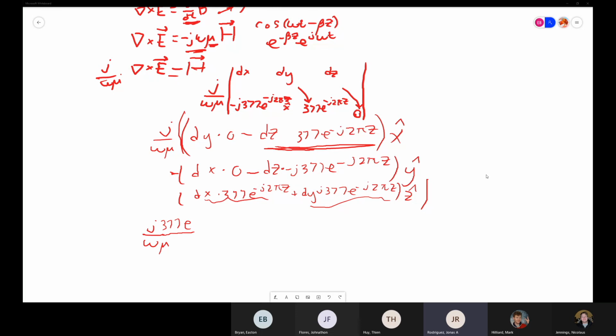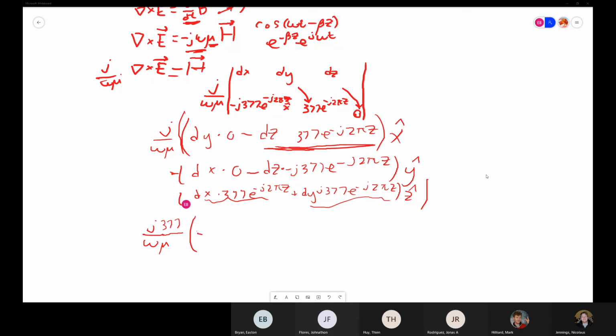The derivative with respect to z of e to the negative j 2 pi z is negative j 2 pi.